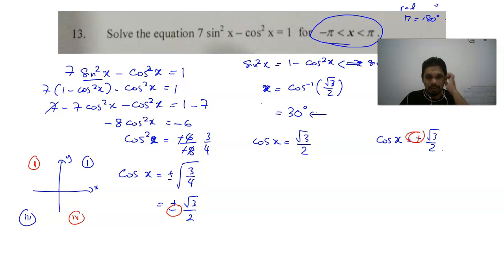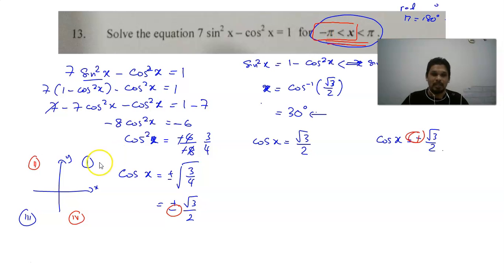But then, don't forget, I forgot something. The value of x lies in between negative pi and pi. Take a look at the first one here: x greater than negative pi.